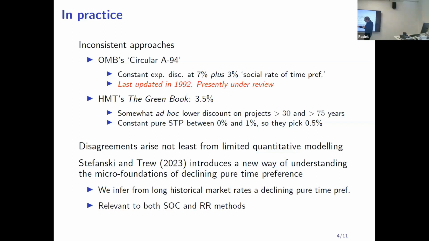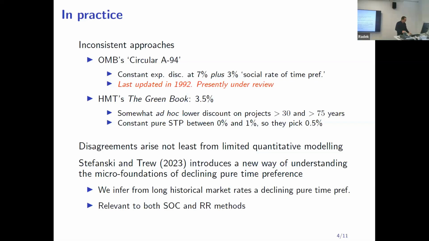Very shortly, what we do is look at very long historical market rates, interest rates paid on the market going back 1,000 years, and we show that they're decreasing. We argue that this can in fact be interpreted as a decline in pure time preferences, and so people becoming more and more patient.